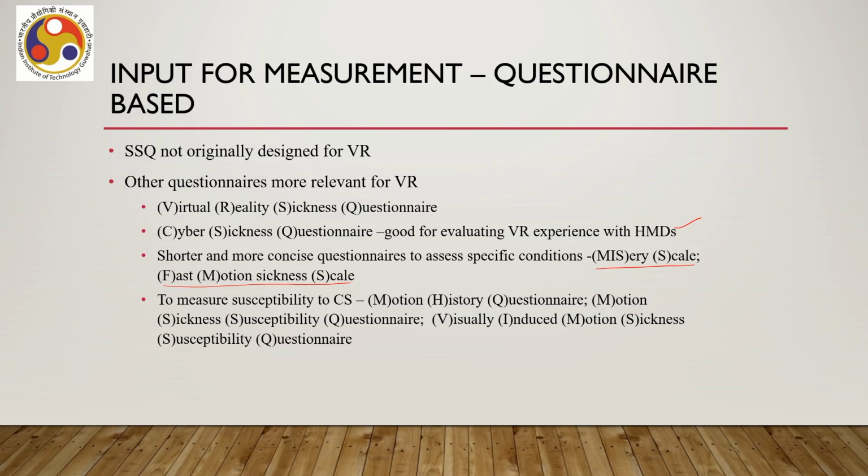There are questionnaires for measuring susceptibility to CS like MHQ or motion history questionnaire, MSSQ or motion sickness susceptibility questionnaire, VIMS or visually induced motion sickness susceptibility questionnaire, VIMS-SQ.